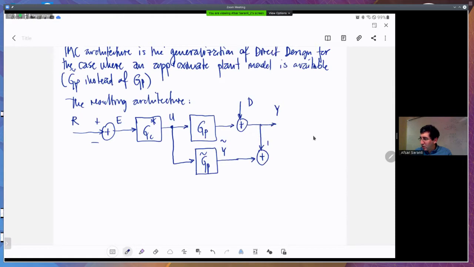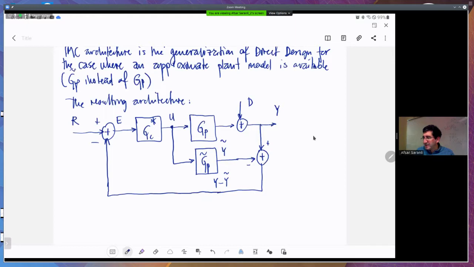So over here, we have an approximate plant model. It's used to generate an estimated output. That output is compared with the actual output, and this signal itself, which is y minus y tilde in this case, is used as the feedback.